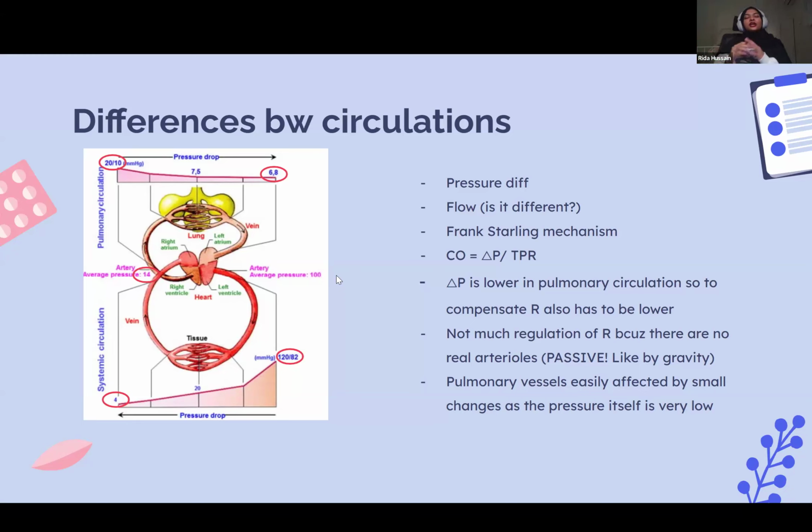In the systemic circulation, I think you guys already learned, where is most of the resistance controlled? It's controlled by the arterioles, right? When arterioles aren't properly present in the pulmonary circulation, there isn't active control of the resistance. It's more of a passive control by factors like gravity and whatnot, but there is an exception to it. So I'll get into that later.